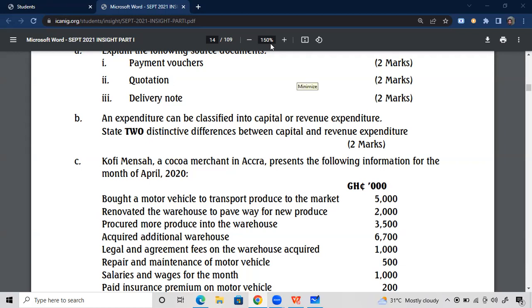When you renovate, is this a capital expenditure or a recurrent expenditure? It's a capital expenditure. Don't forget, capital expenditure is for acquisition of a new one, or improvement to the existing. When you renovate, it is an improvement. So renovated is also a capital expenditure.